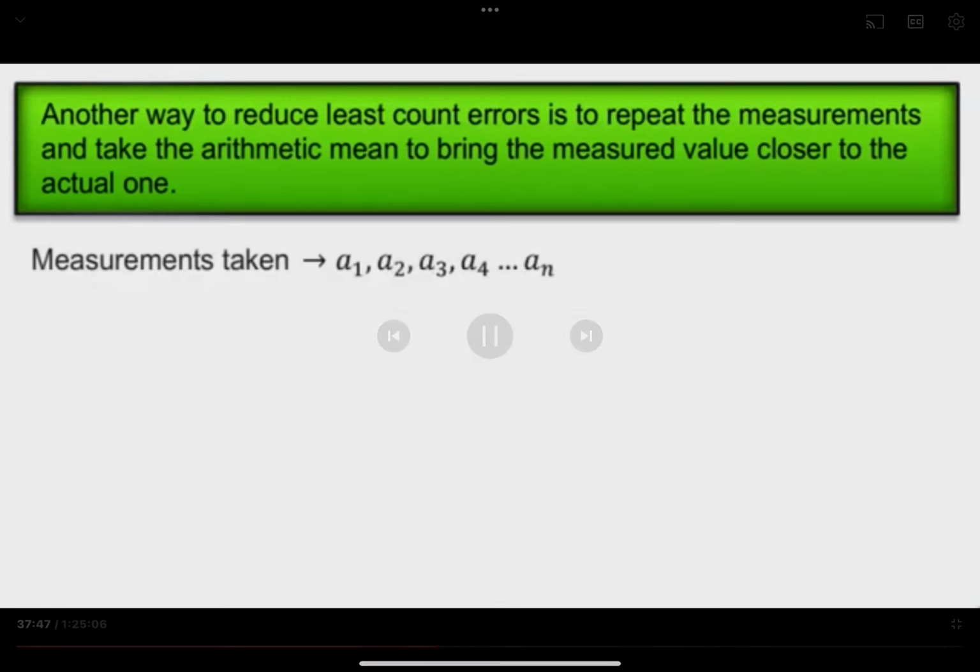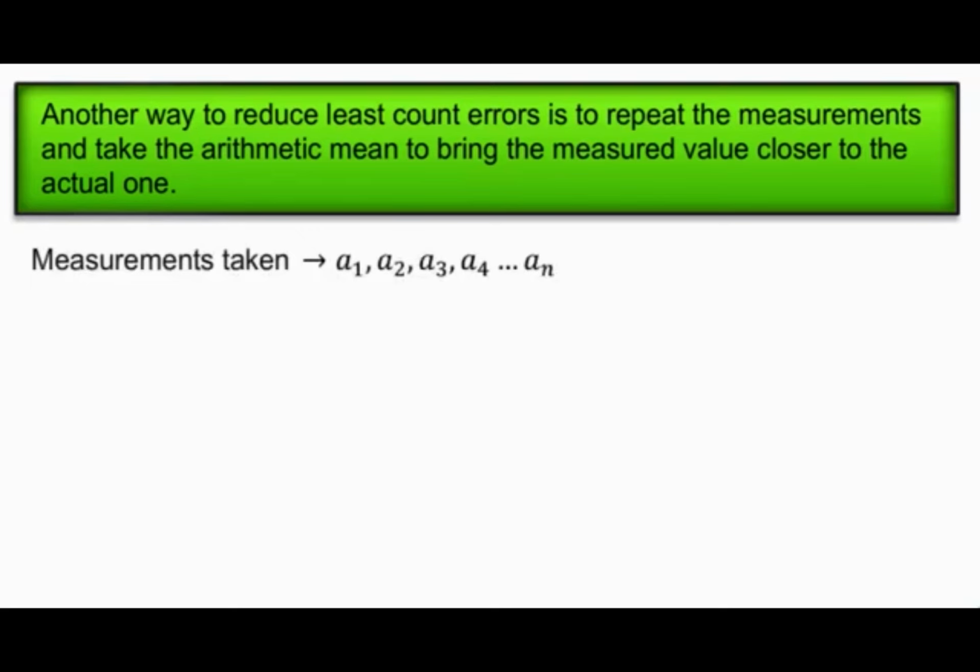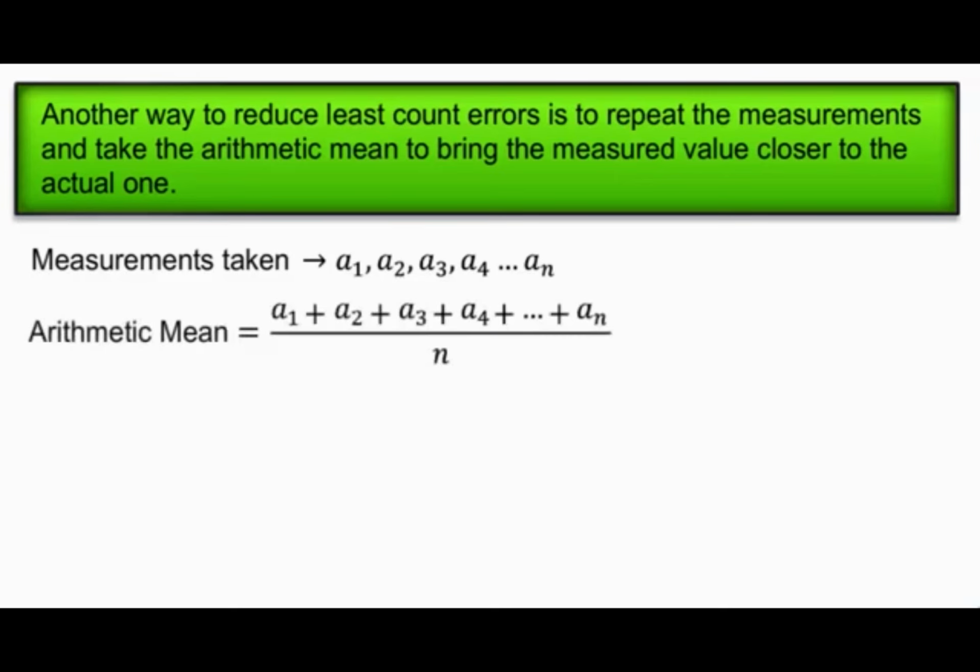If n measurements are taken, say A1, A2, A3, A4, so on till An, then the final value will be taken as the arithmetic mean of these n measurements.